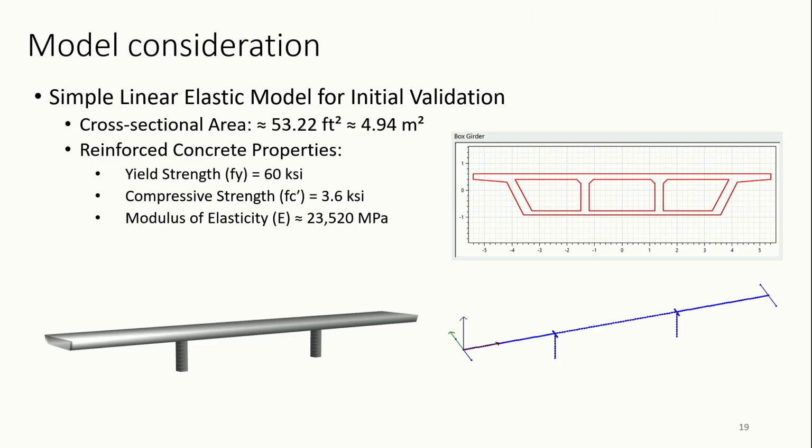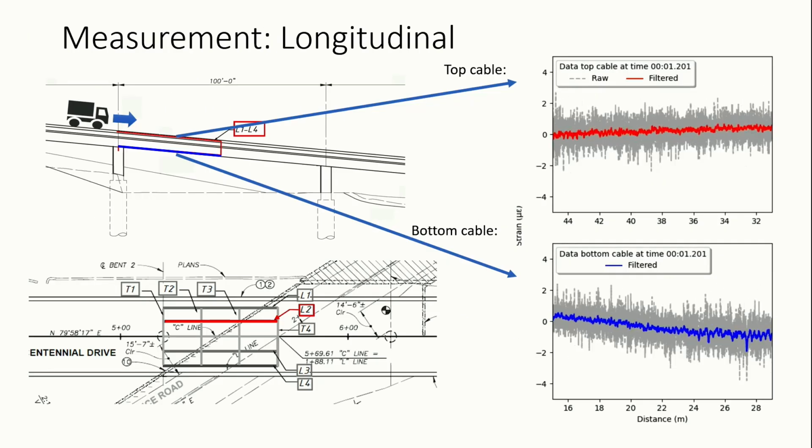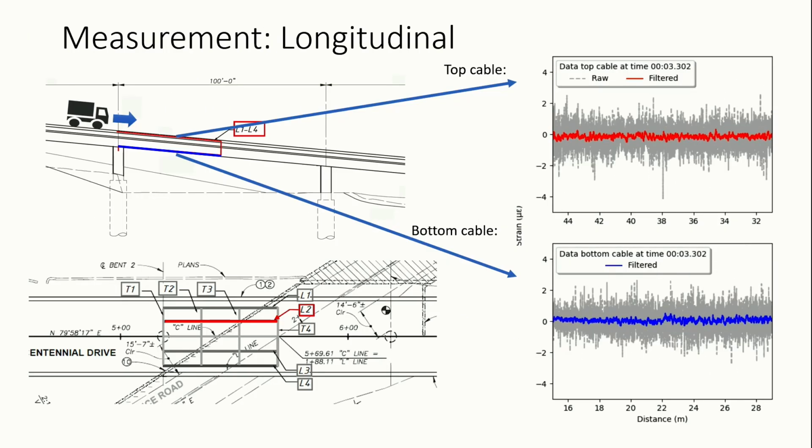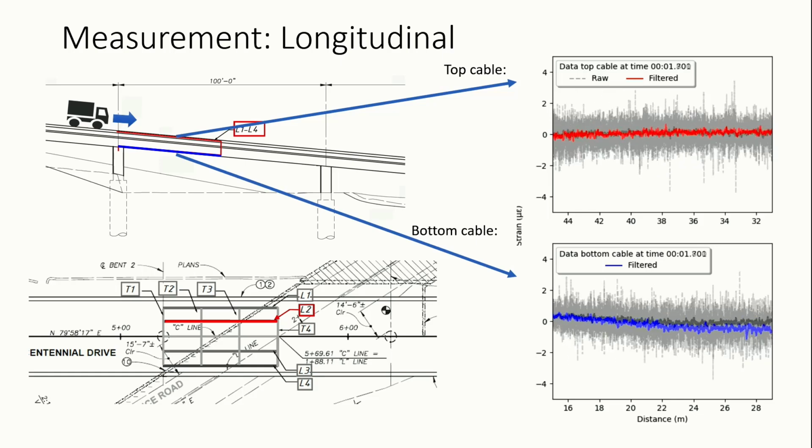For the simple model, we are using a lot of simplification at this stage. The idea is that as we advance in the project, we are going to use more detailed models, but for the moment we are using a very simplified version of the bridge. And we have here a measurement of the longitudinal cables.